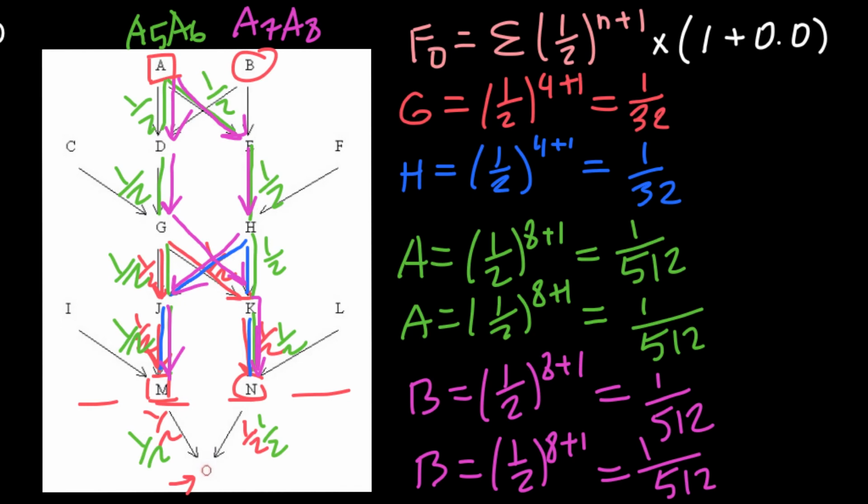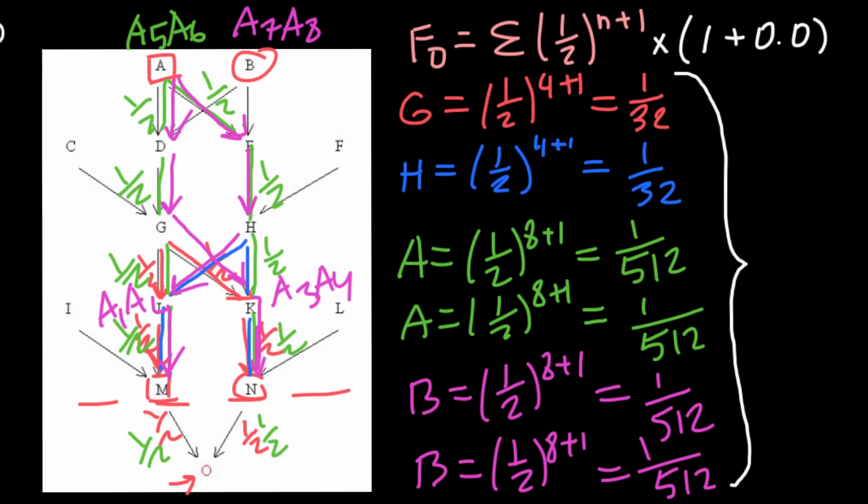So now we have all the variants of how this child can be homozygous, whether for alleles A1, A2, A3, A4, or A5, A6, or A7, A8. Now we just have to add all these probabilities that we got.